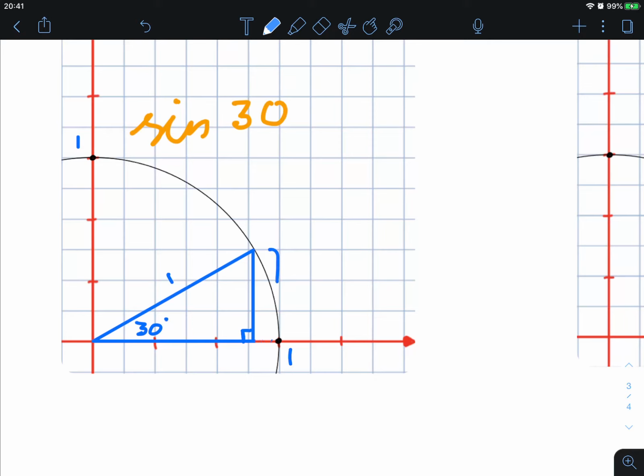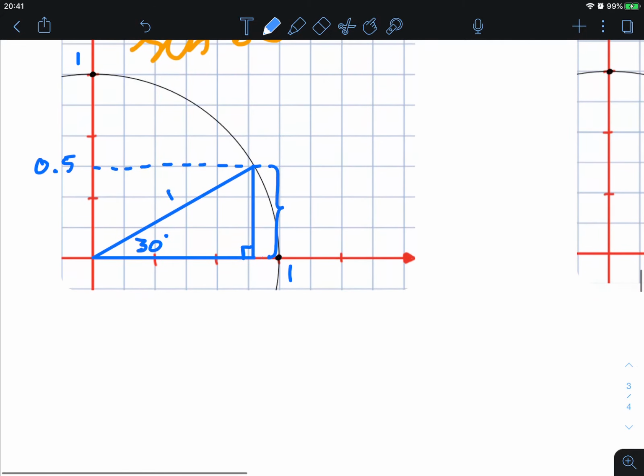This y value from my drawing looks about 0.5. That's about halfway. So I'm making an estimation here that sine of 30 is actually 0.5.